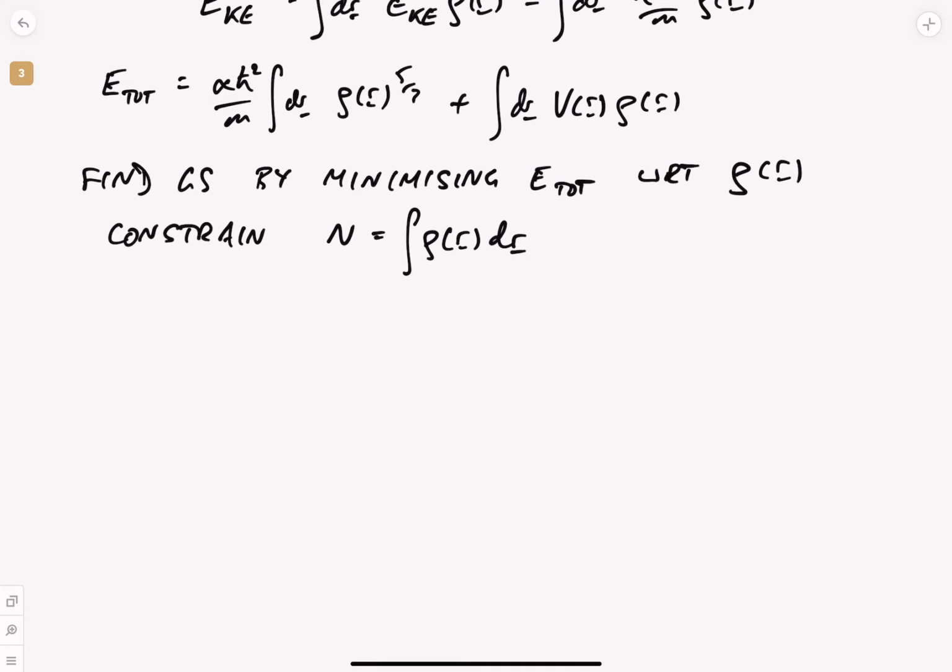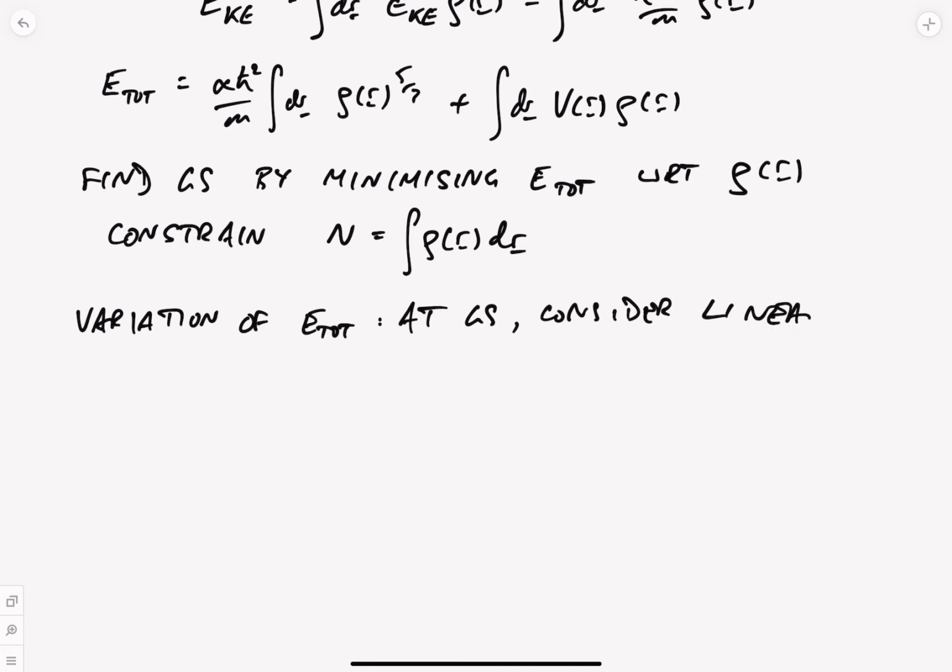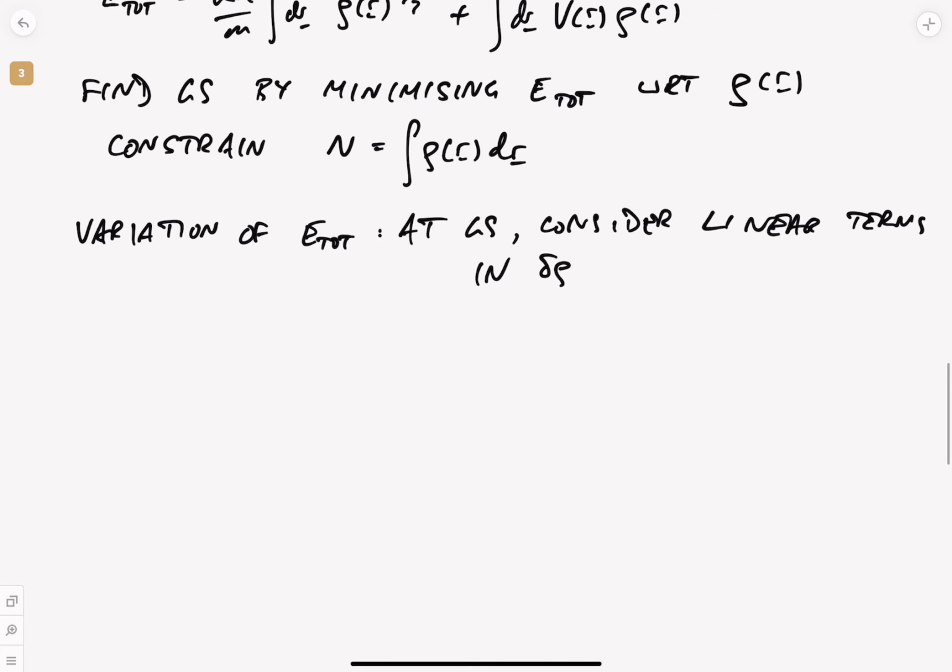So what we're going to do now is consider the variation of the energy, and we're going to assume that at the ground state we can consider terms only linear in the variations of the charge density. So we're only going to consider linear terms in delta rho. And so when we've done that, using the theory of functionals, we can write the following.